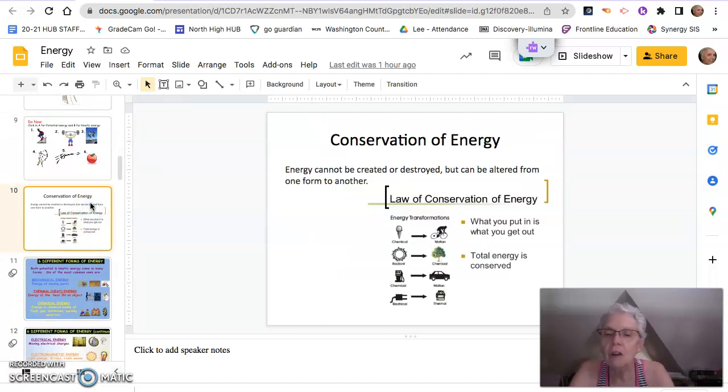Now, the law of conservation of energy tells me that energy can neither be created nor destroyed, it just changes forms. So we'll look at these 5 or 4 examples. You've got an ice cream cone, which is chemical, being changed into somebody riding a bike.